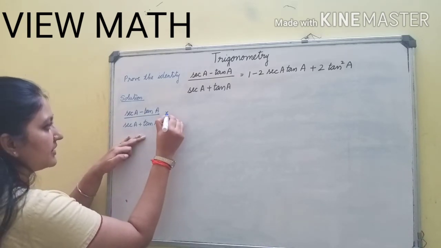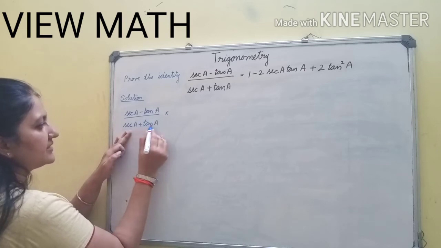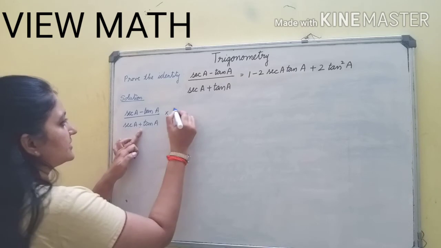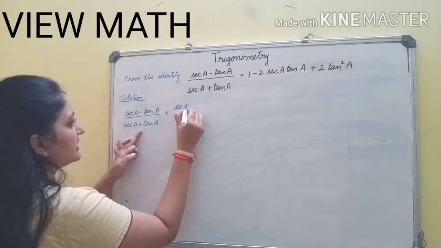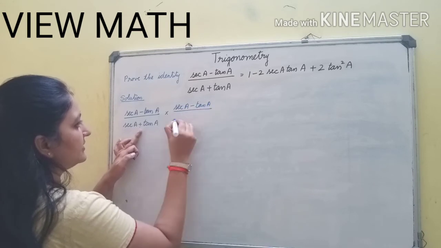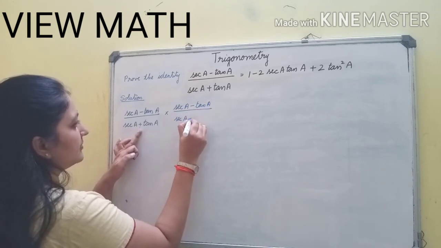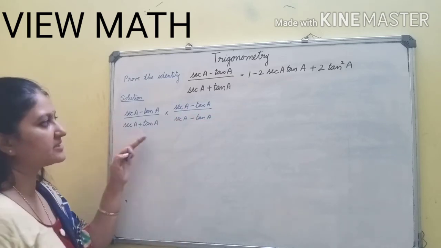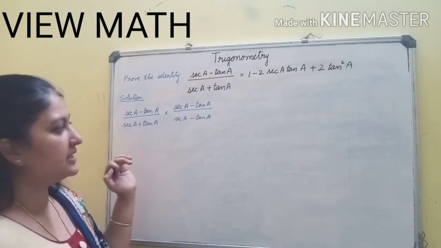So here plus is there, so I'm going to multiply and divide with the negative sign: secant A minus tan A by secant A minus tan A.